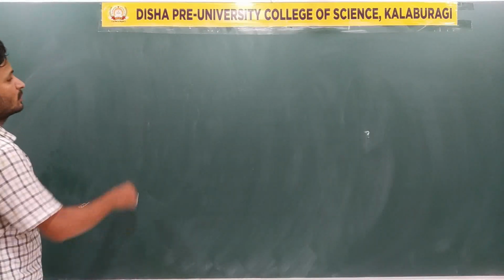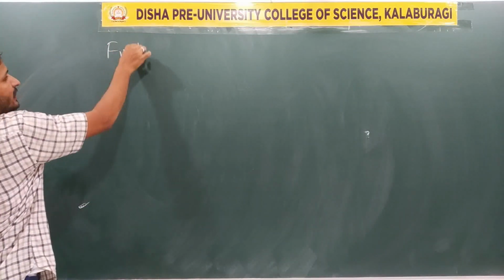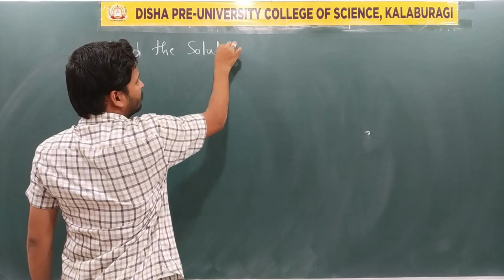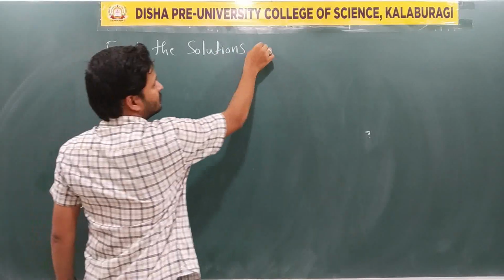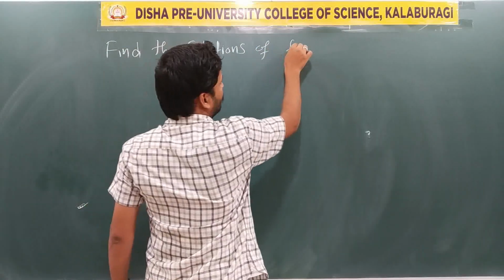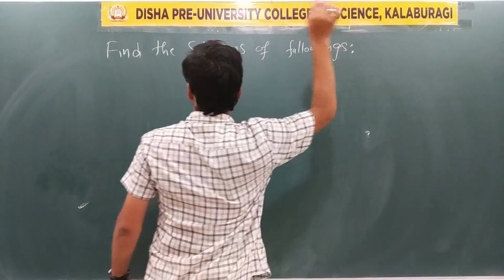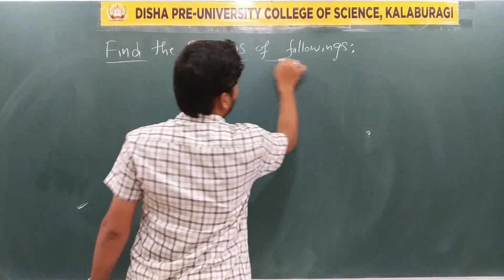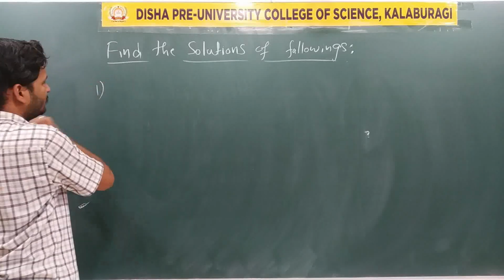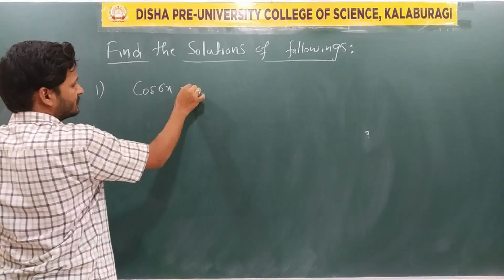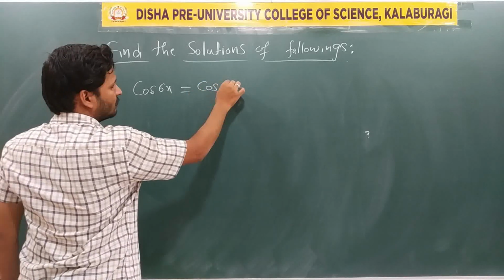Homework problems. Find the solutions of the following trigonometric equations. First one, cos of 6x equals cos of 4x.